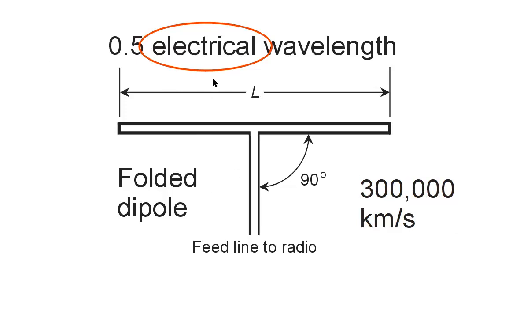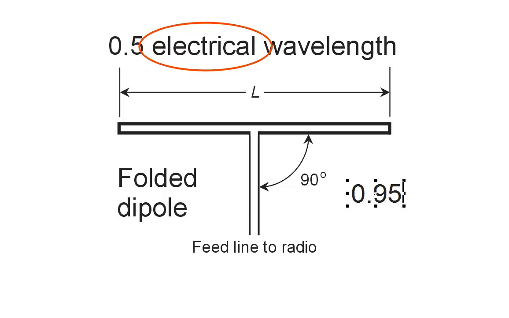So if we use the formula to determine free space wavelength, we're going to come out with a little bit of an error in the length of the antenna itself, because the antenna should be an electrical wavelength long, and a good rule of thumb for ordinary wires is that the electrical wavelength is about 95%, or 0.95 times the free space wavelength.